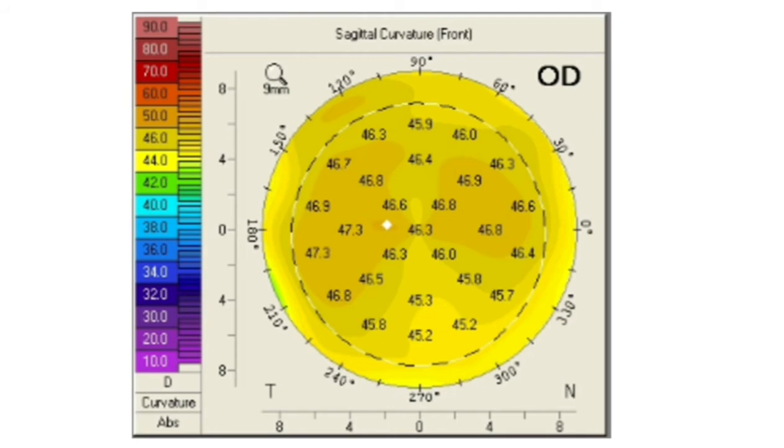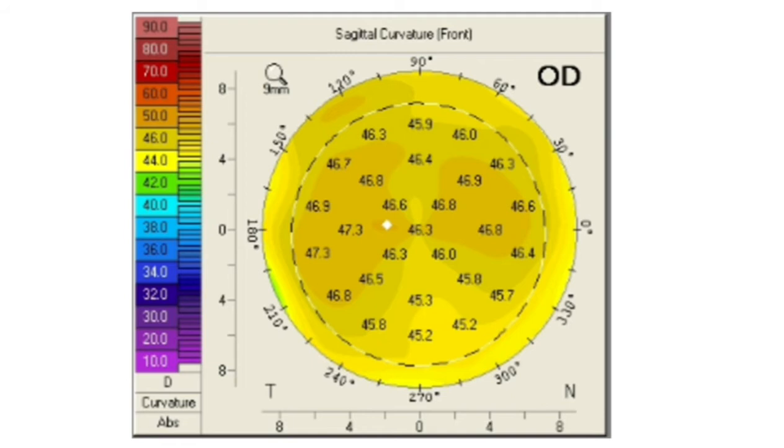In the sagittal curvature map, the warmer the color, the steeper the area. Cooler colors like green, blue and deep blue indicate a flattening area, and hot colors like orange, red or yellow indicate a steep area in the topography map.